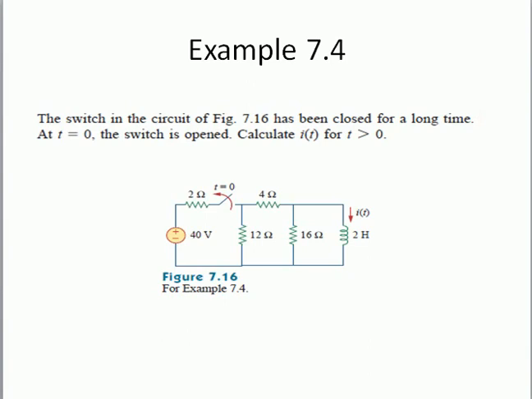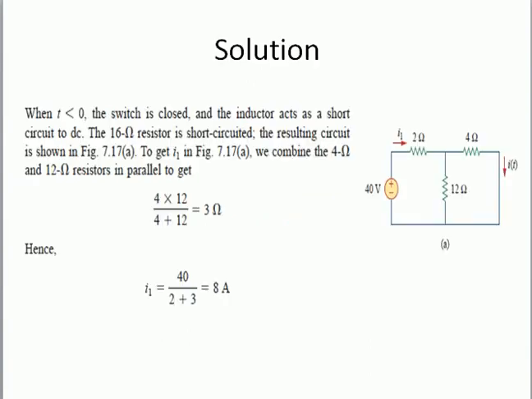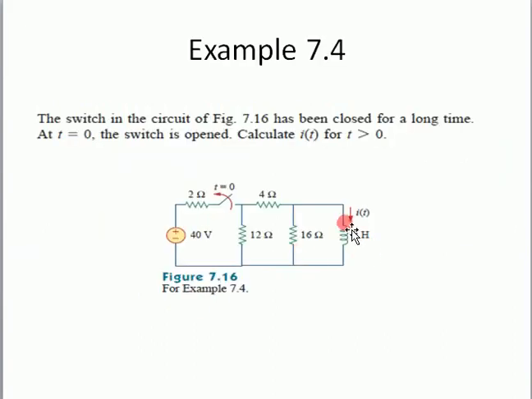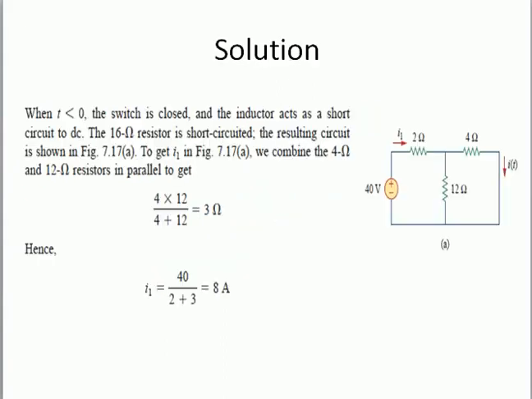That's why we can redraw this circuit: when t is less than 0, the switch is closed and the inductor acts as a short circuit to DC. In this figure there was the inductor, but in this figure that inductor has been short circuited.